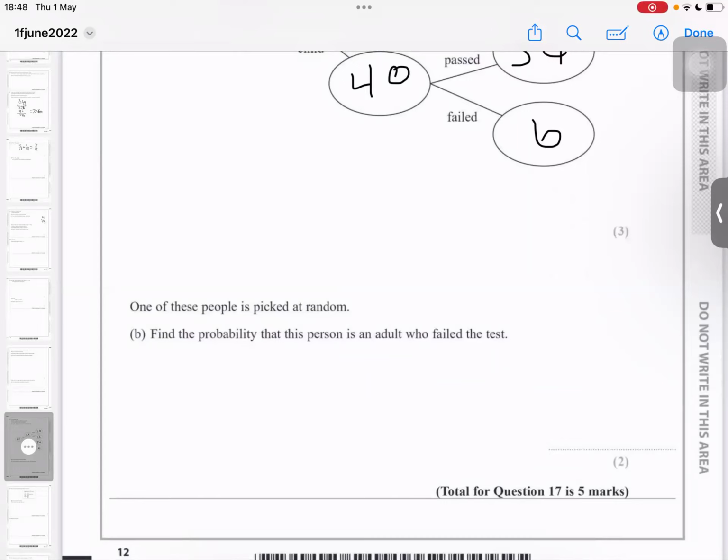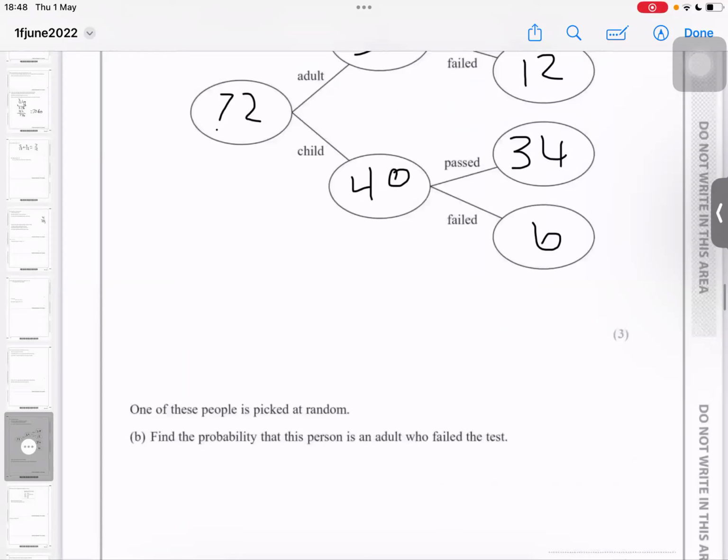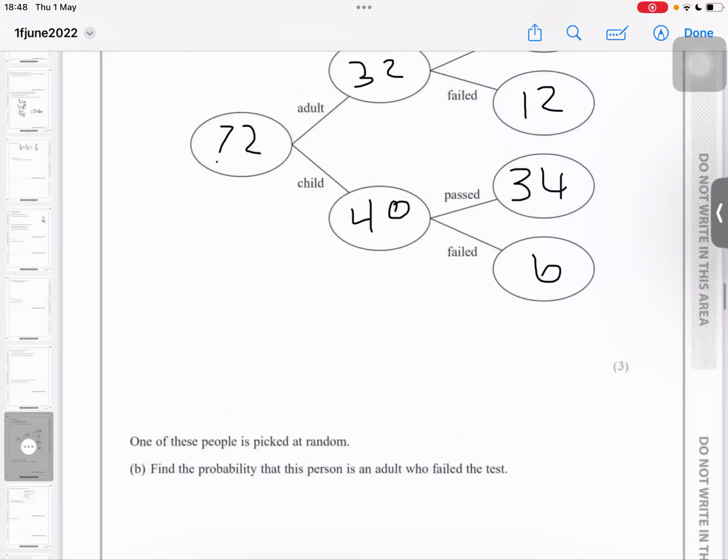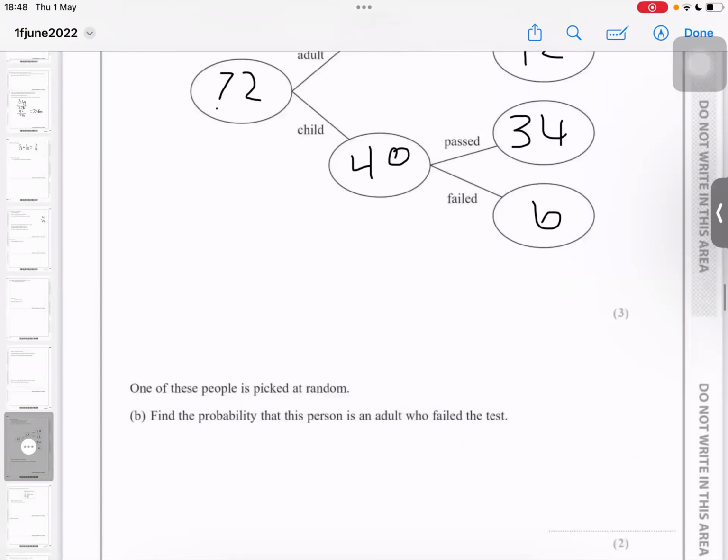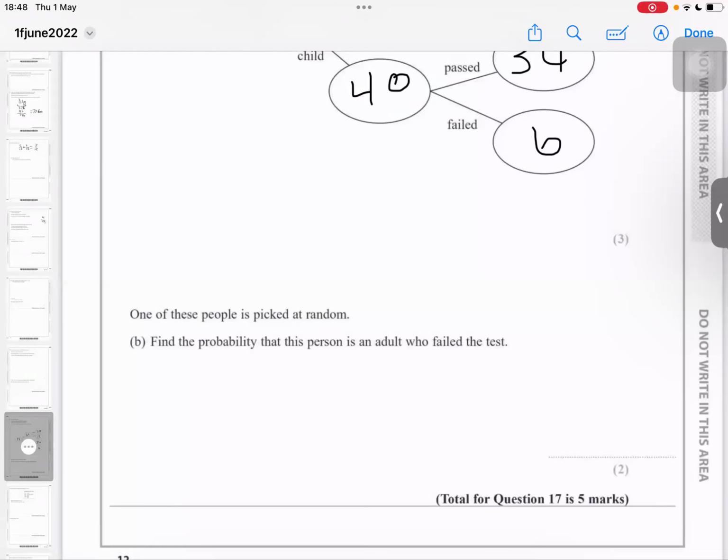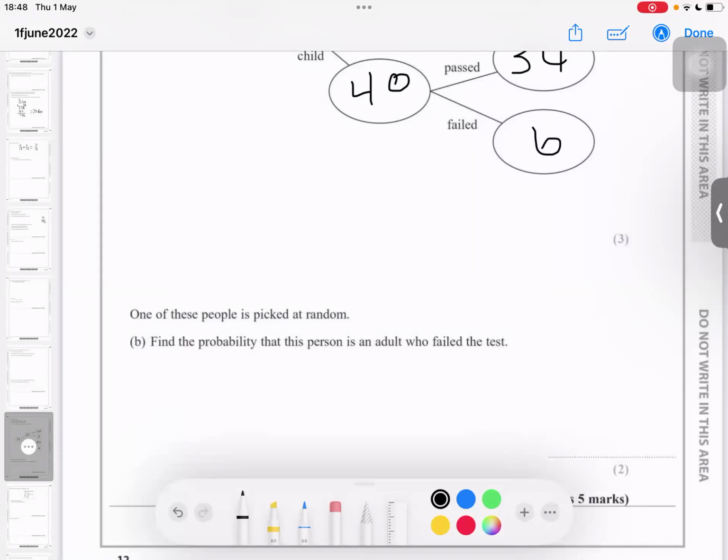Okay, it says one of these people is picked at random. Find the probability that this person is an adult who failed the test. Could you scroll up a bit? Let's see the number of adults who failed. The number of adults who failed is 12.